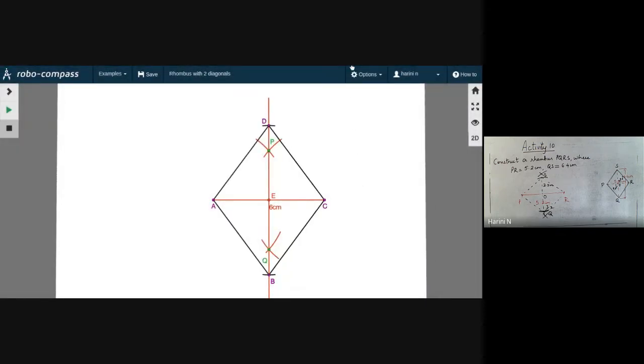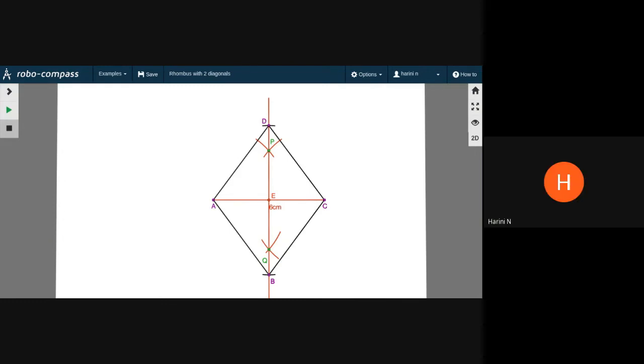Okay, so this is my app where I'm going to show you that instruction. I hope my screen is visible to you. Yeah, shall we start?